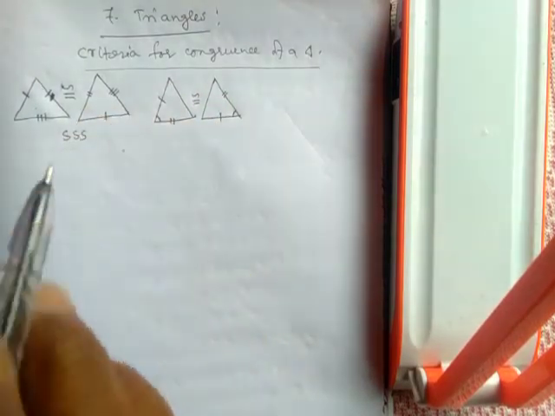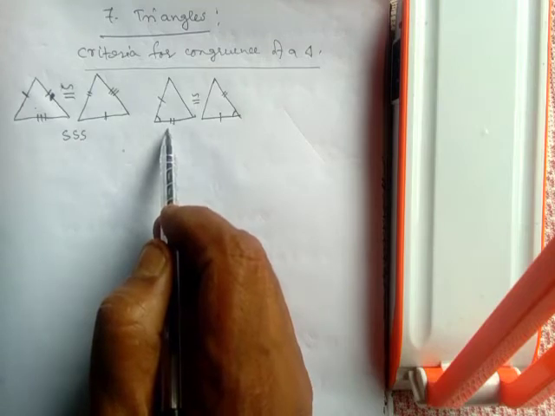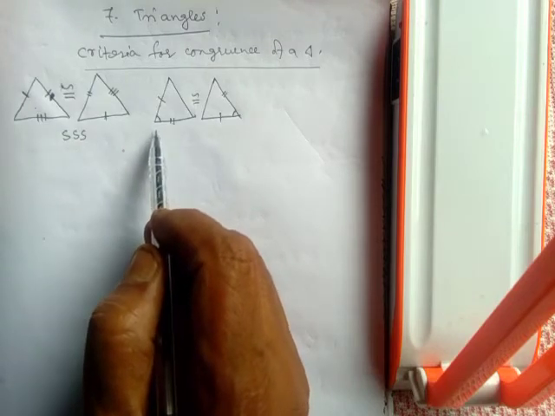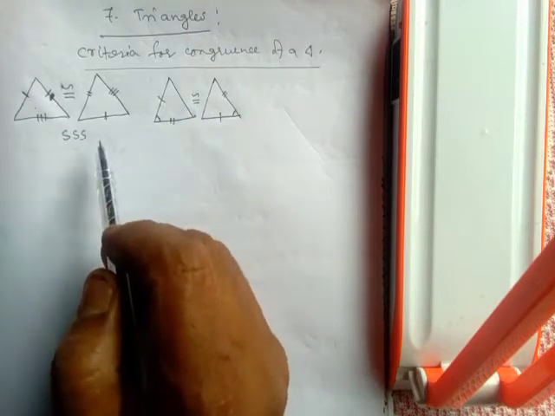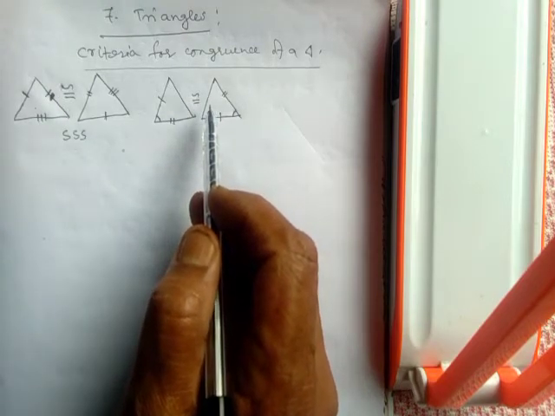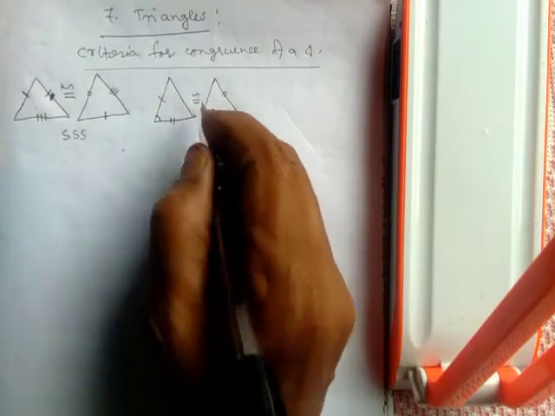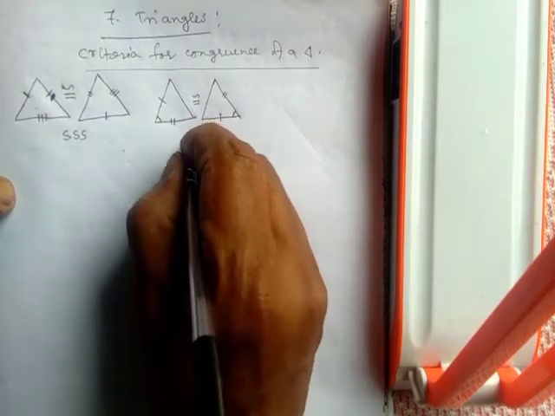That is, if two sides of a triangle are equal to the corresponding two sides of another triangle, and the included angles are also equal, then the two triangles are congruent, and that is by SAS.